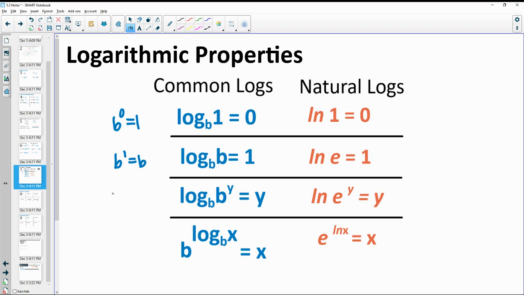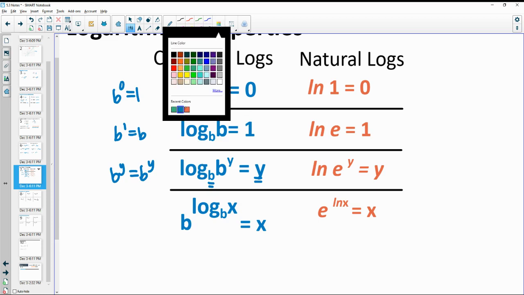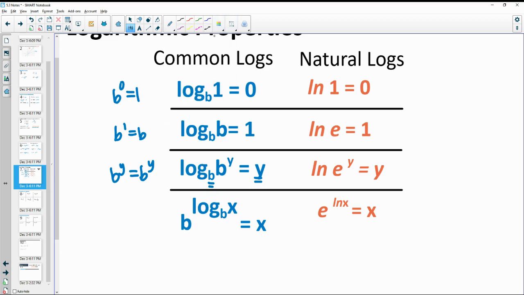So then log base b of b to the y, it'll always kick back that y, because in exponential form it'd be b to the y equals that input, b to the y. And then if you ever have an exponential base to a log of the same base, so b to the log base b of x, it's going to kick back the x, because again, the log and the exponential base are inverses of each other.